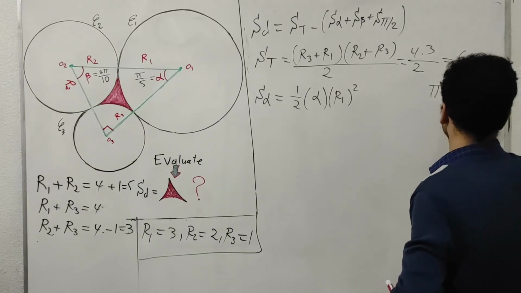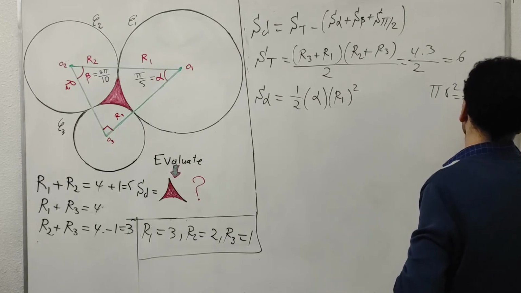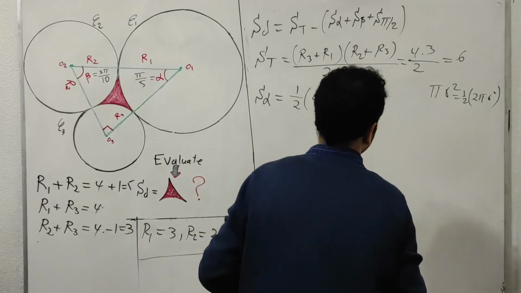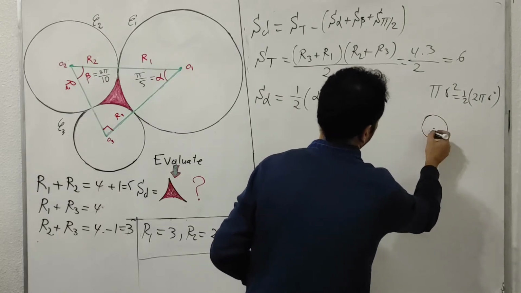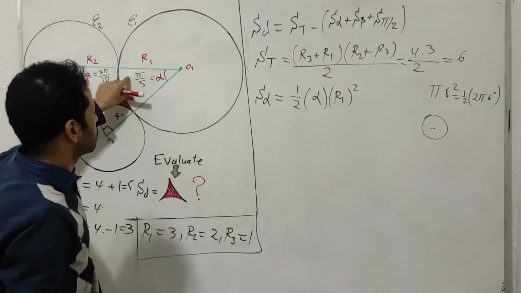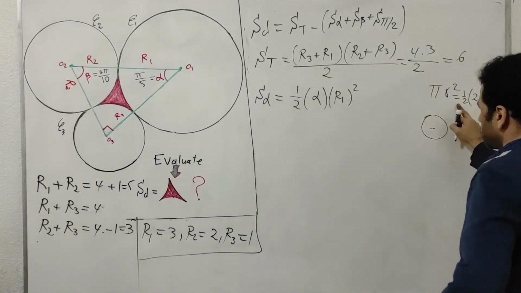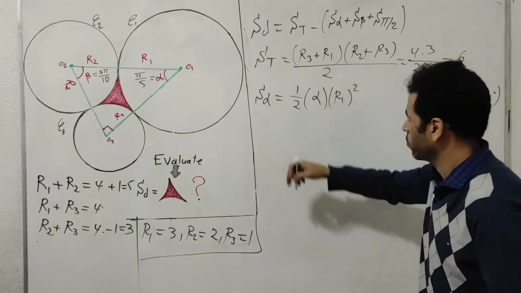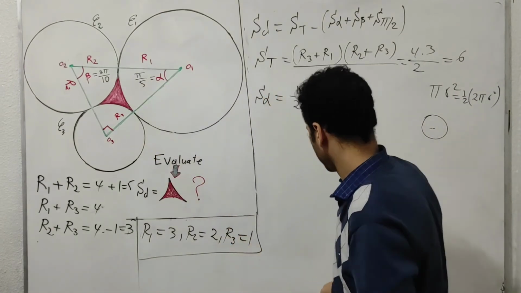So by taking half outside, I will get 2 pi r squared, because we have the whole circle from 0 to 2 pi. This one just has this portion, which is alpha. Always we put half outside in order to evaluate the area of this portion that belongs to the circle, like this.